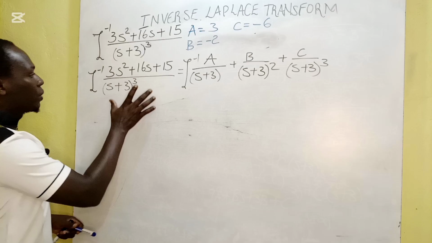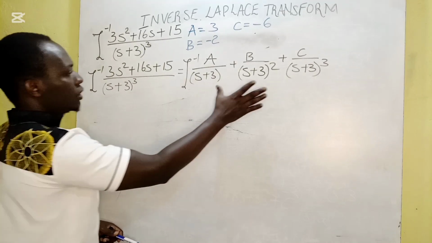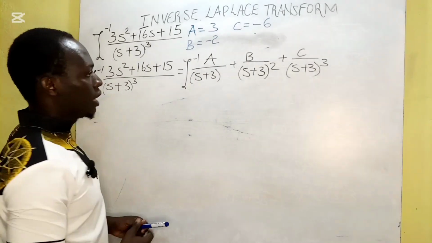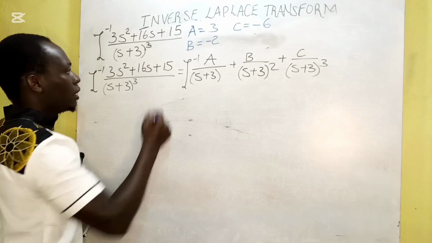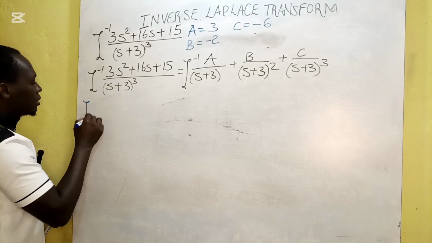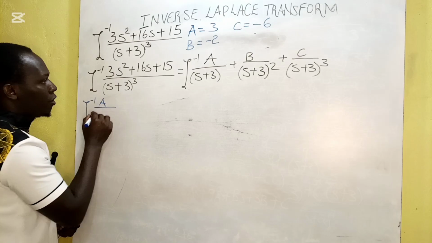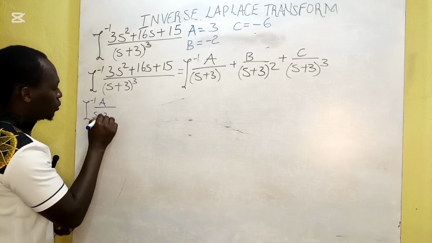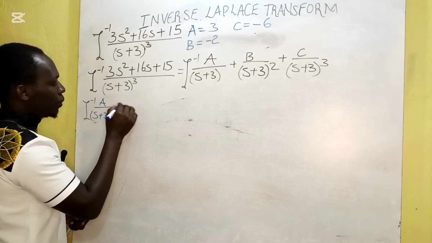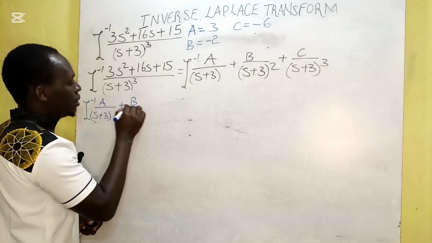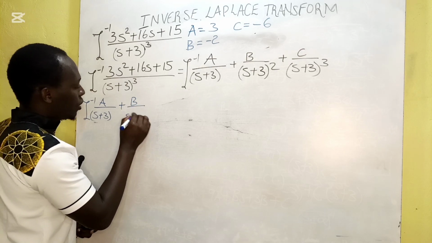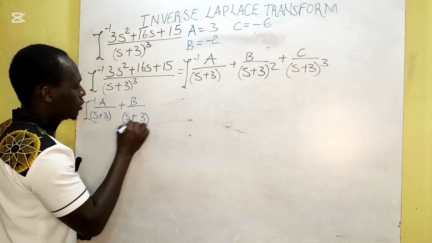We agree that whatever we are having on this side is equals to whatever we are having on the other side. The inverse Laplace transform of a all over s, we add to 3. We come and take b all over s, we add to 3 squared.